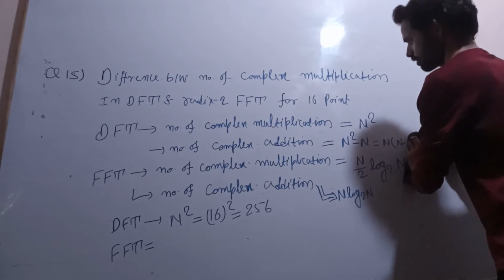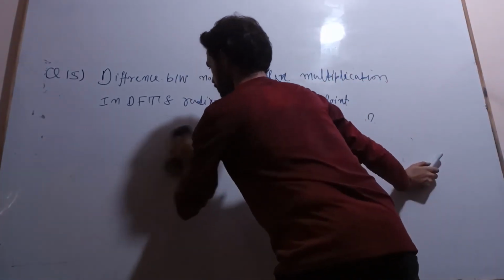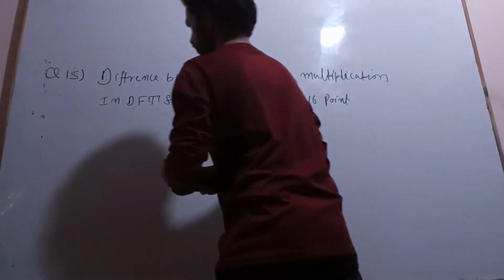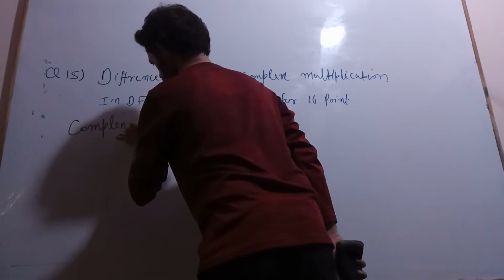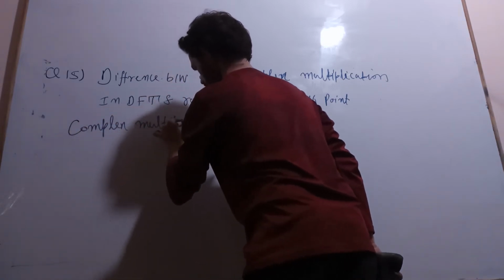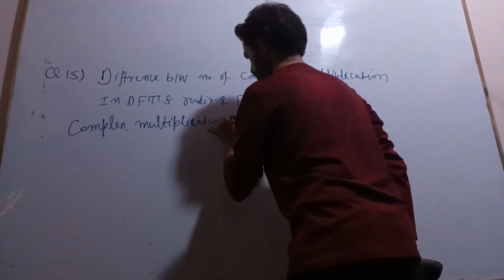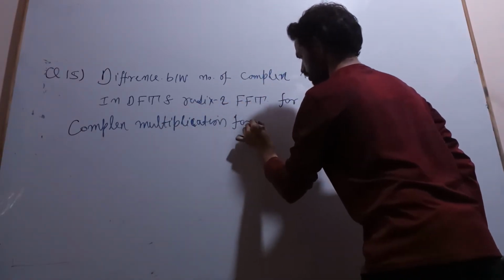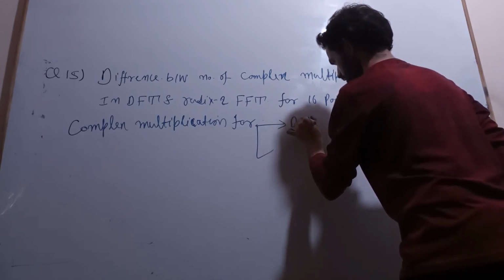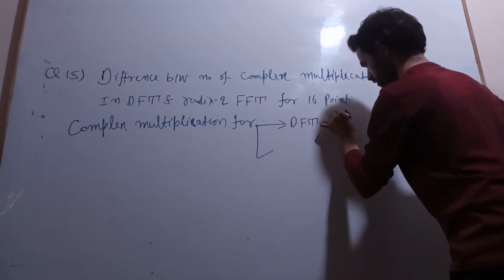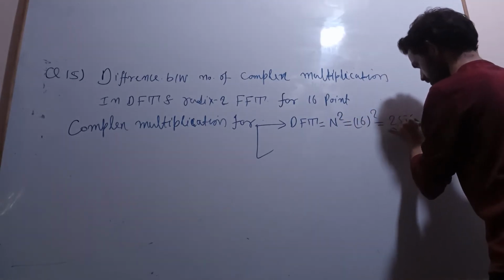Okay, for FFT, see upside, complex multiplication. Therefore complex multiplication for DFT is n square, which is equal to 16 square, which is equal to 256.